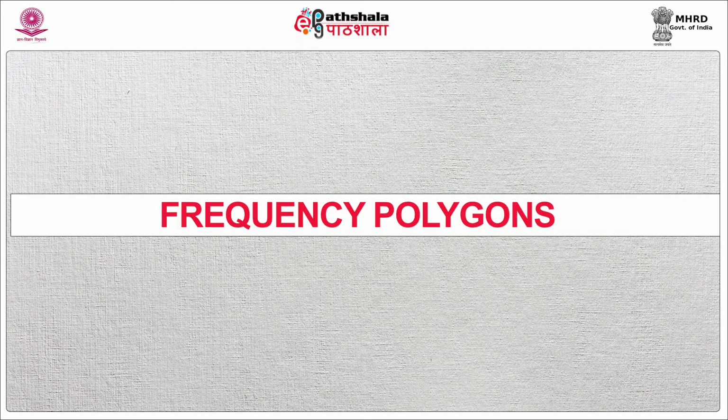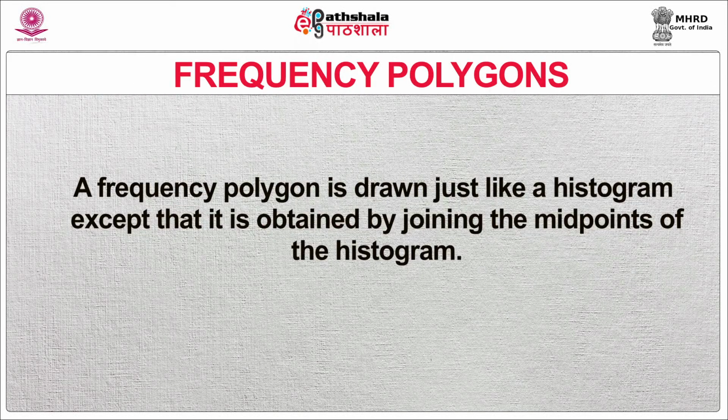Next is the frequency polygons. A frequency polygon is drawn just like a histogram, except that it is obtained by joining the midpoints of the histogram. It is obtained by joining the midpoints of each of the rectangular bars. When this is done, the dots are connected with lines and the result is a frequency polygon.